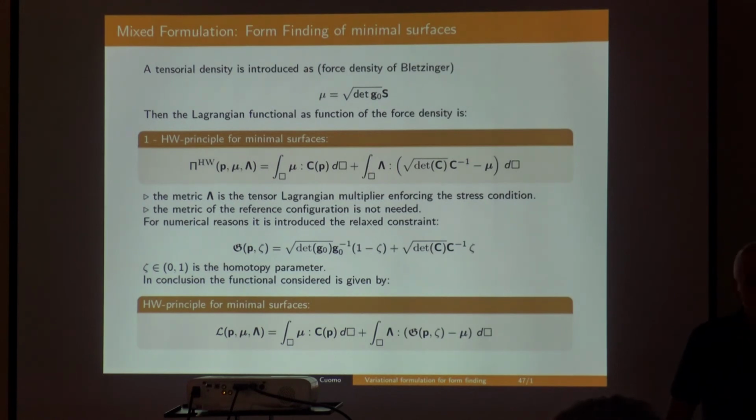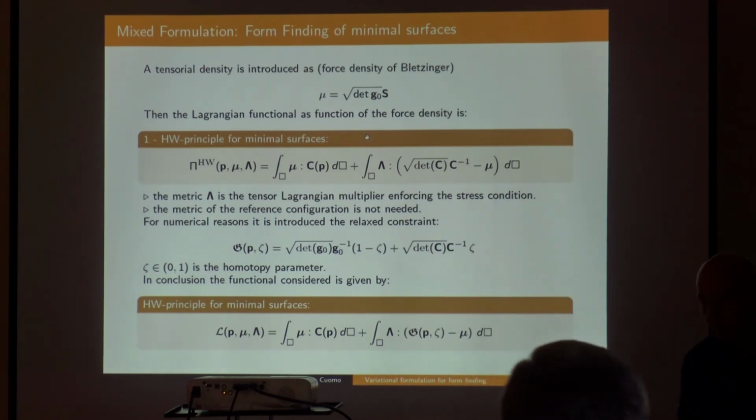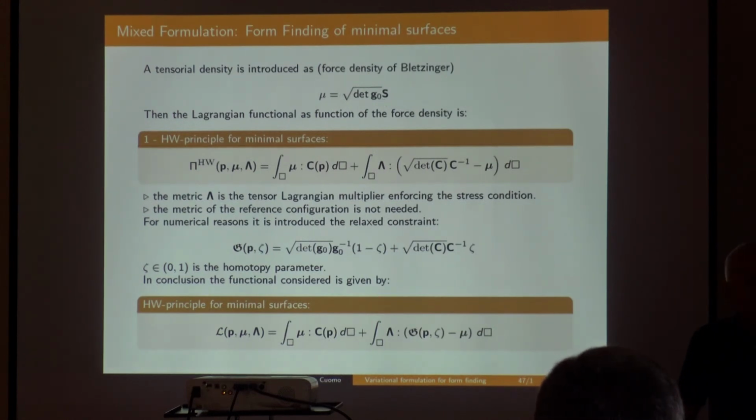We can introduce this tensor, multiplying the tensor times the area element, and this is the tensorial density. It's the one that Bletzinger calls force density. In the case of membranes, this is a tensorial density. We call it big mu, like in the case of cables, force density.